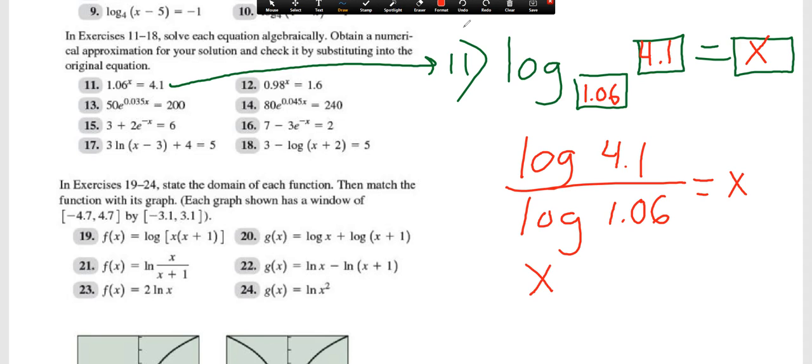So what did we come up with? Man, that's accurate. Sorry, my 4 looks weak. Yep.